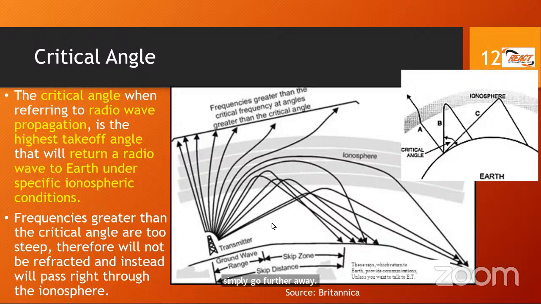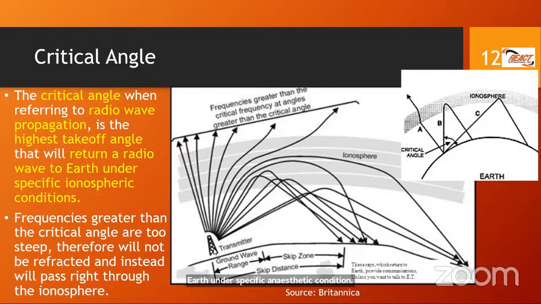We're trying to utilize the ionosphere, but we need to be aware of the concept of critical angle. We have it here as a definition. It says the critical angle, when referring to radio wave propagation, is the highest takeoff angle that will return a radio wave to Earth under specific ionospheric conditions. So let's dissect what this means.